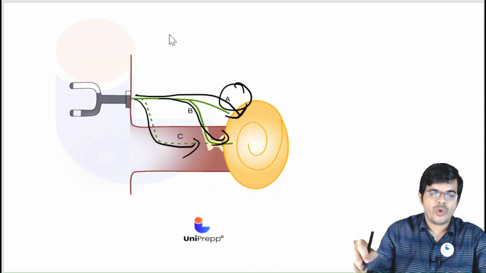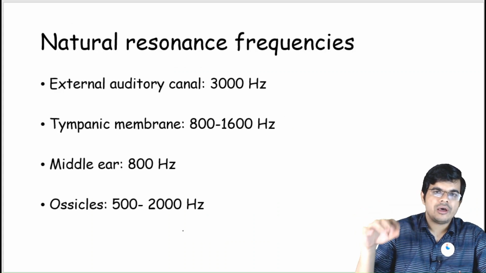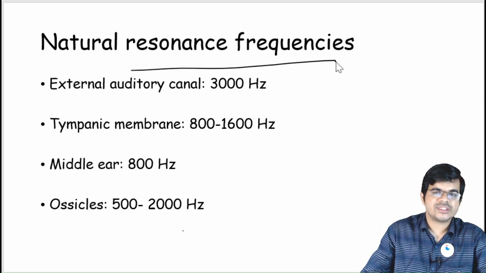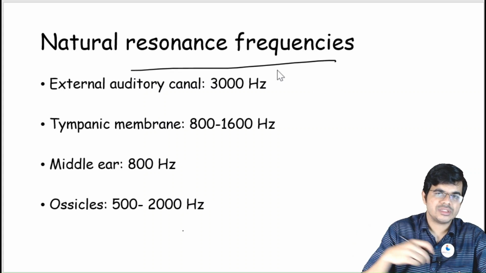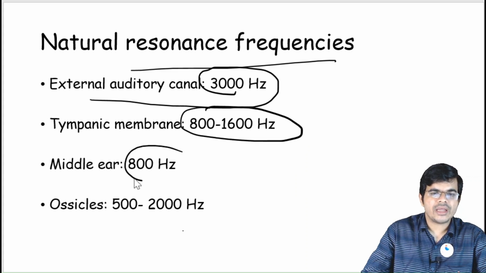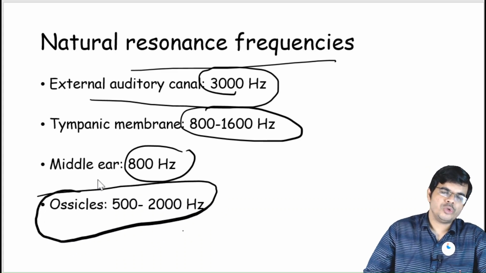When various frequencies travel as sound waves, the natural resonant frequencies are seen only in certain areas. The external auditory canal has a natural resonant frequency at 3000 Hz. The tympanic membrane has it at 800 to 1600 Hz, the middle ear at 800 Hz, and the ear ossicles at 500 to 2000 Hz.